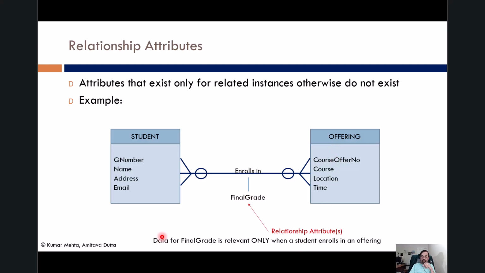So the data for this attribute called final grade is relevant only when a student enrolls in an offering. It's relevant only for this relationship, so it's a property of the relationship. I hope you understand this distinction about attributes that are properties of relationships.